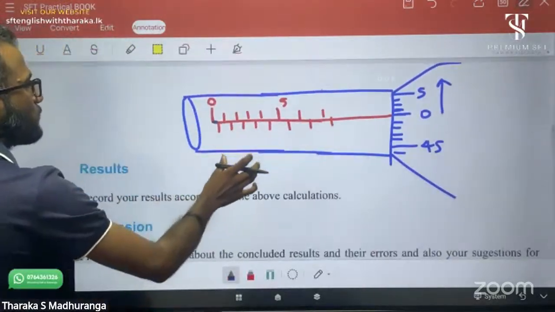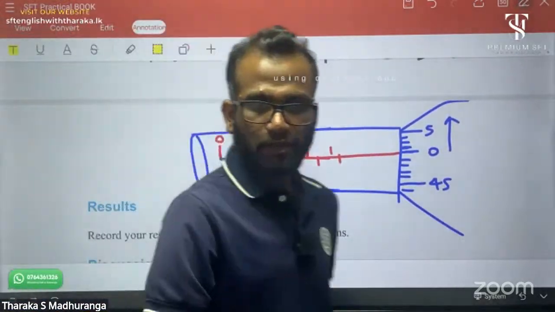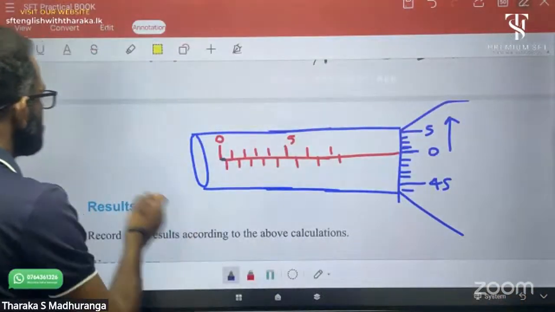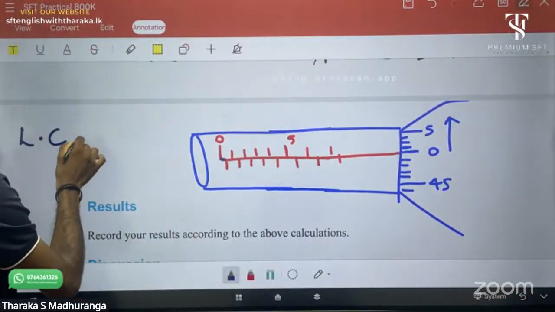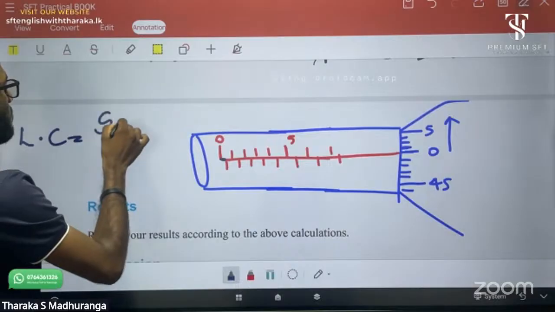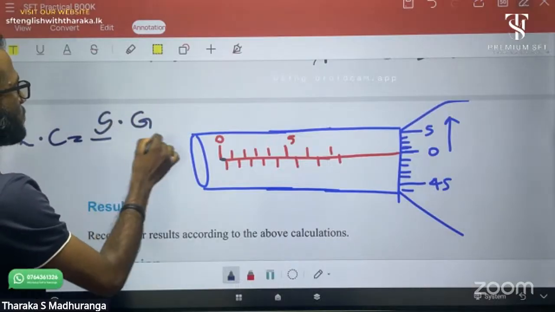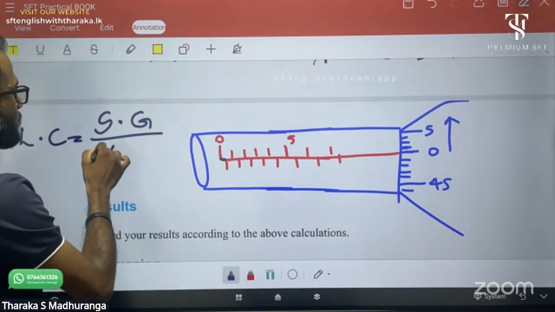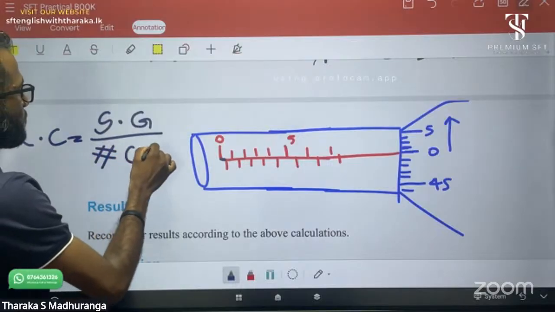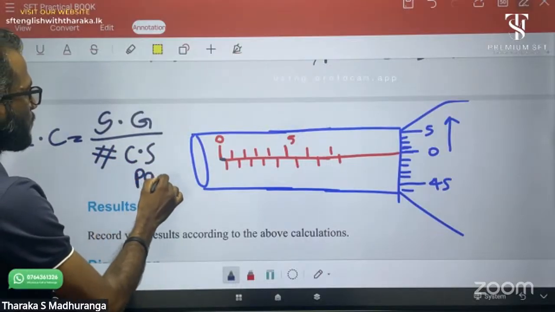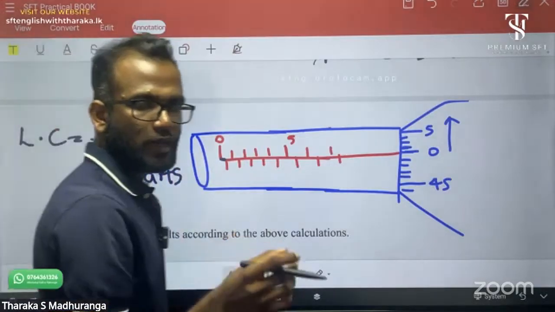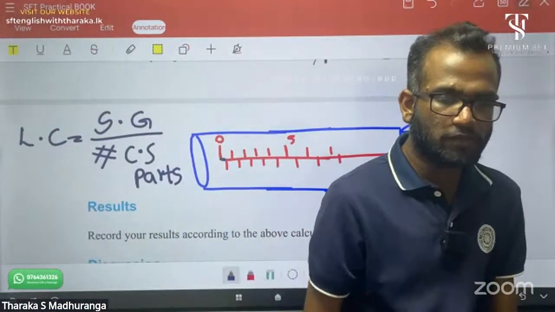Okay, the next thing, how to get the least count of the micrometer screw gauge? The least count equals screw gap divided by the number of circular scale parts.